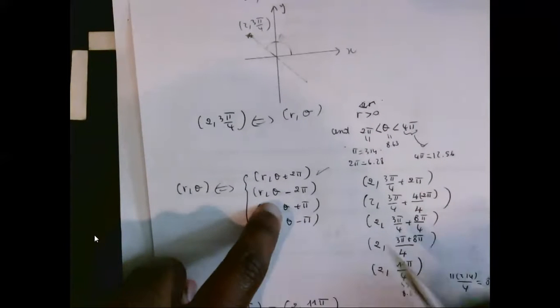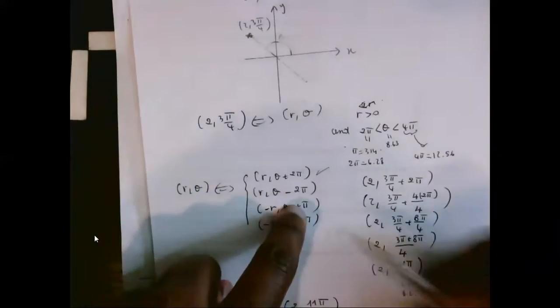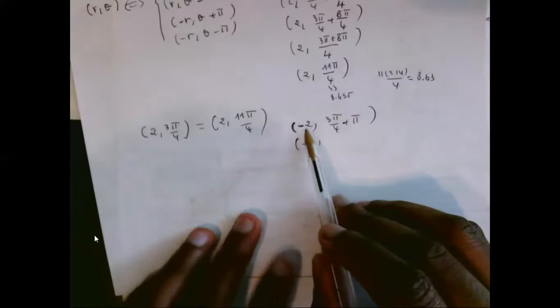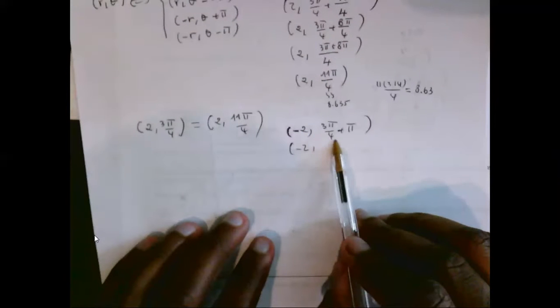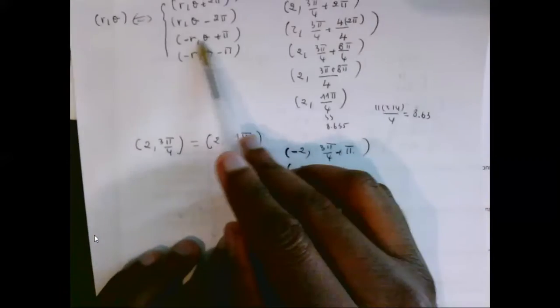So I was saying negative 2, 3 pi over 4 plus pi, which is equivalent to that formula that is here: negative r, theta plus pi. So I'm using this formula here, negative 2, 3 pi over 4.